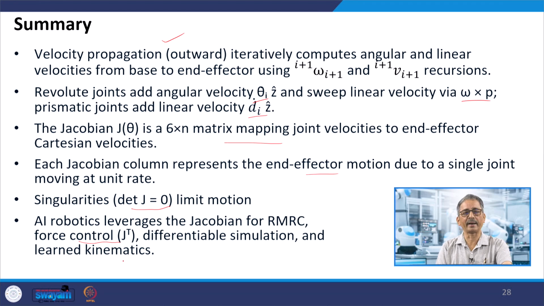Force control is another place where the Jacobian plays a role, when we consider the static forces acting on the manipulator and evaluate how much joint torque we need so that the manipulator can resist those static forces.